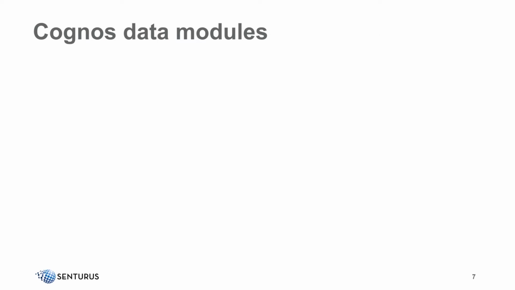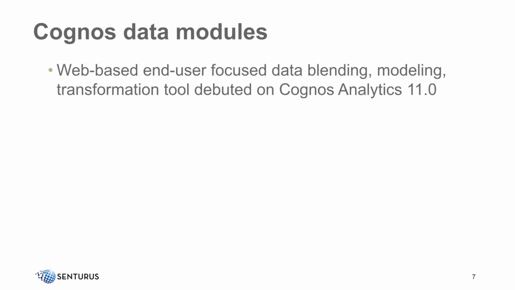So, Cognos data modules, architectures and use cases. Before we get into that, let's just ground ourselves. We have a couple of webinars already out there that focus on Cognos data modules versus Framework Manager and self-service. We're going to talk about architectures today, but let's ground ourselves a little bit for those people who may be coming in cold, on what data modules are.